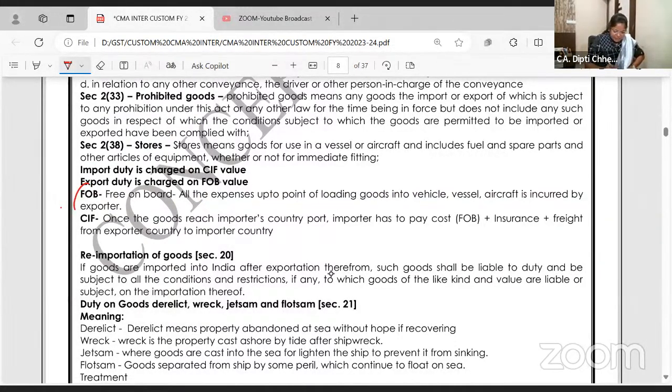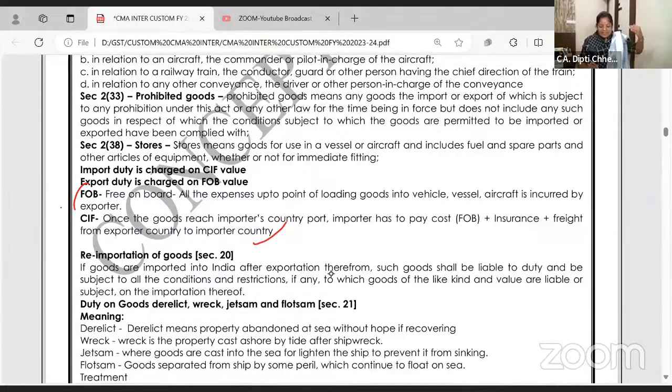This definition I'll be requiring, dear students, again to make you learn the format to solve the questions. What is FOB? All the expenses up to the point of loading the goods into the vehicle or aircraft incurred by the exporter. So till the goods are loaded at the export port, including the loading, unloading and all, that is free on board.